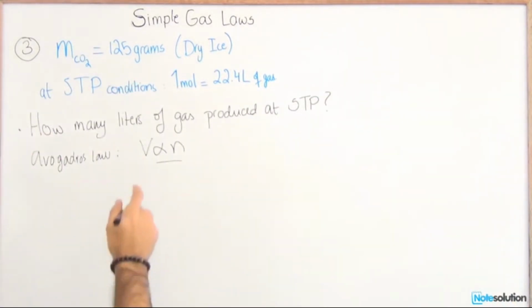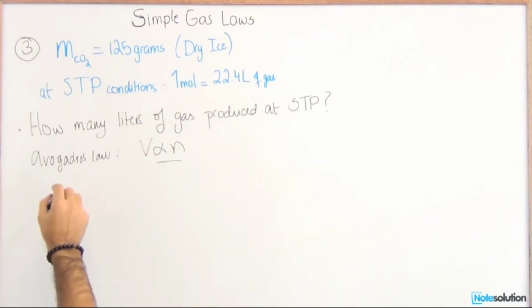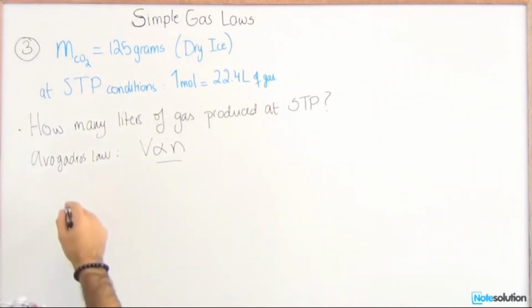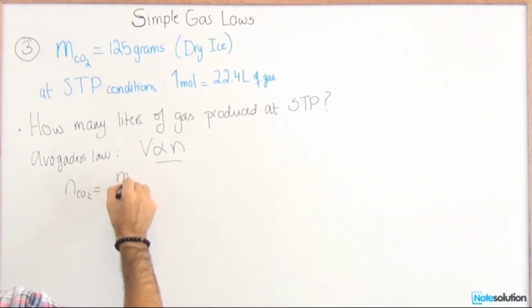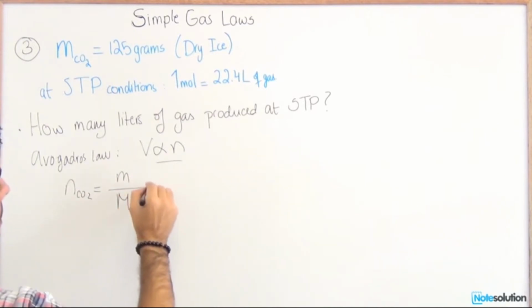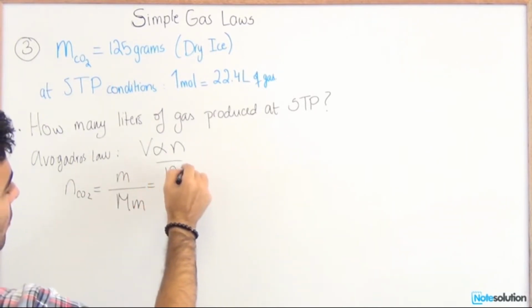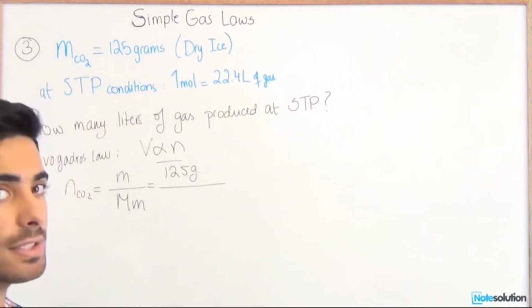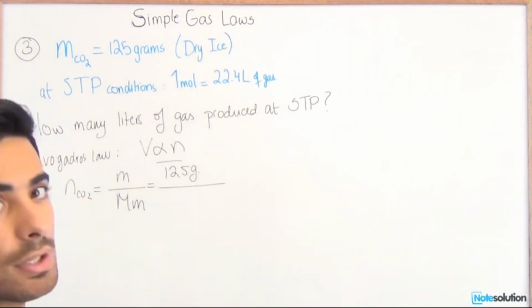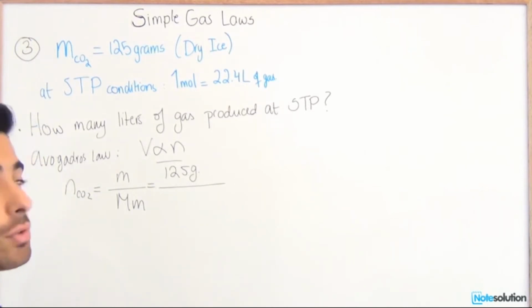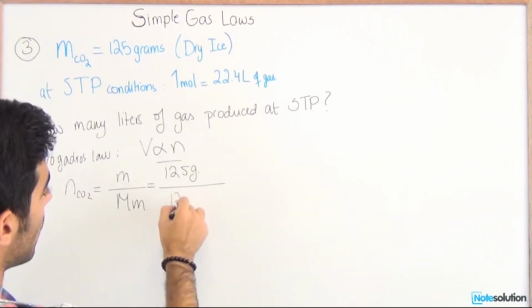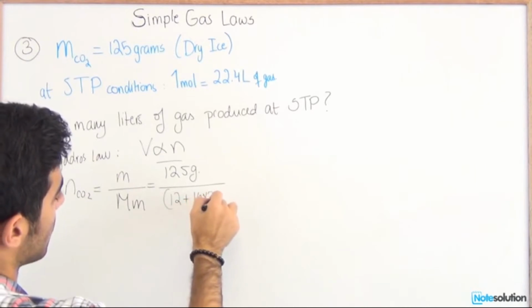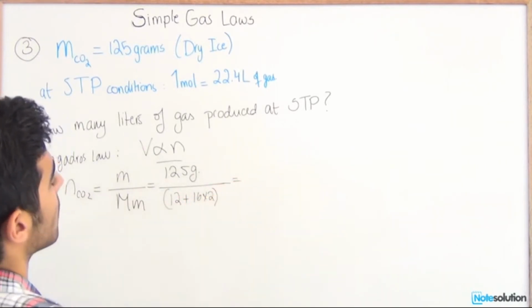So over here, we start off by getting the number of moles of gas present. The number of moles of CO2 is equal to mass over molar mass. We know the mass is 125 grams. What is the molar mass of carbon dioxide? Carbon is 12, and oxygen is 16 times 2 because we have 2 oxygens. So 12 plus 16 times 2, which is 44 grams per mole.